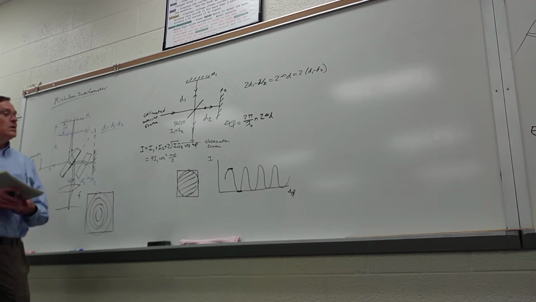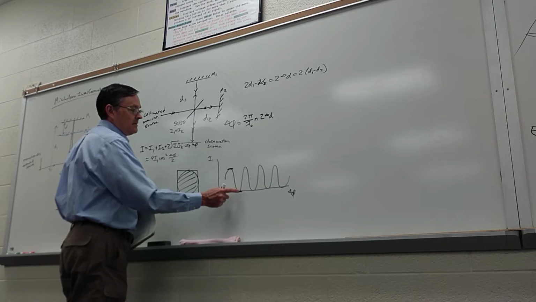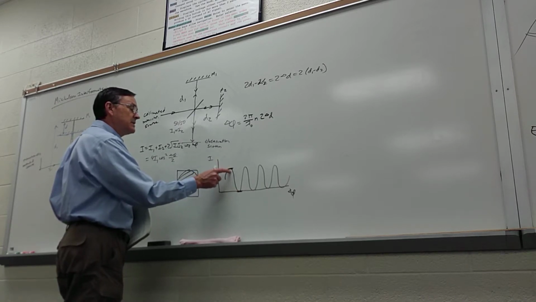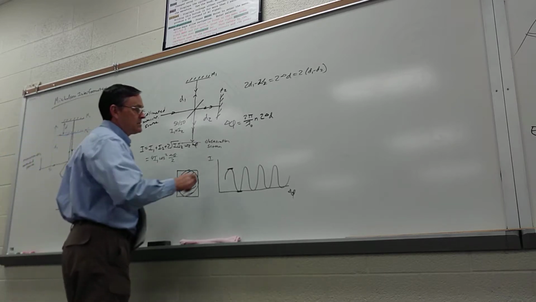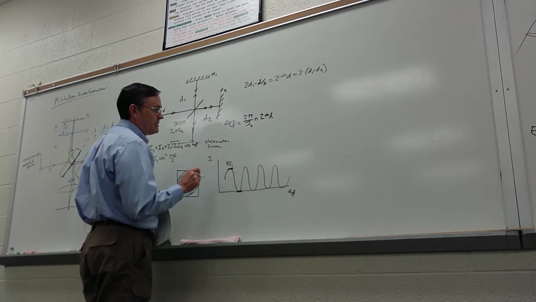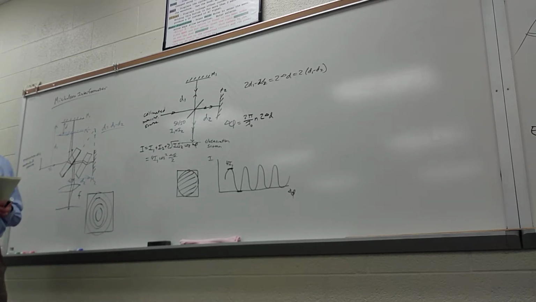Okay, so actually, let's do this one first. If it's bright, then this corresponds to 4 times I1. How can we possibly get 4 times I1? The time average is still 1, right?